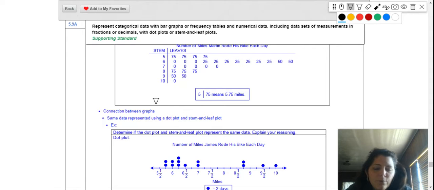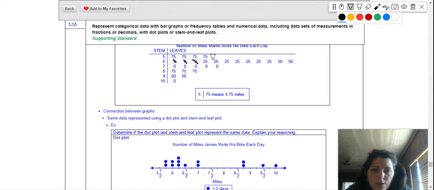And if we wanted to know how many times he rode his bike more than 6, but less than 7 miles, well, we want greater than 6. So we're not going to look at these zeros here because that's equal to 6. Greater than 6 is 6.25 and higher.